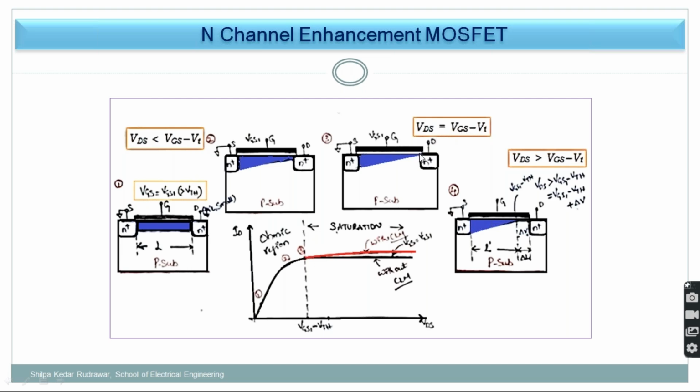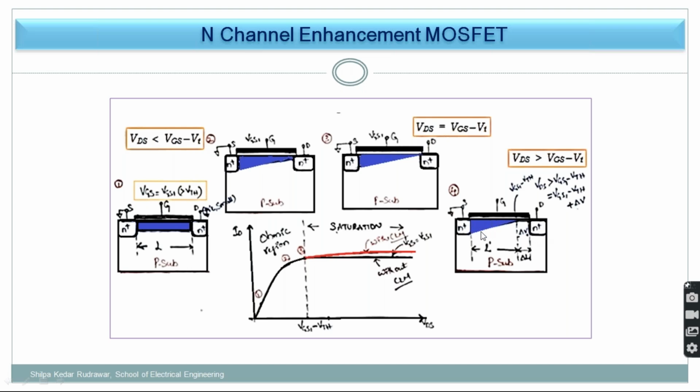So because of that, the channel is less towards the drain and more towards the source. Now the last step, where VDS is increased more than VGS minus VT. What will happen? The voltage at the drain terminal is more and more, so the junction becomes more and more reverse biased, the depletion region grows, and it forces electrons to move towards the source side.